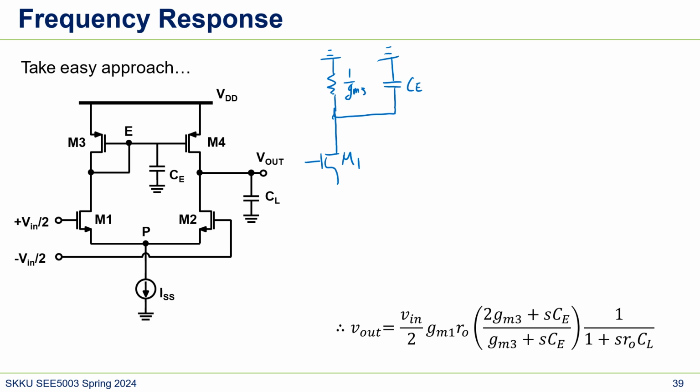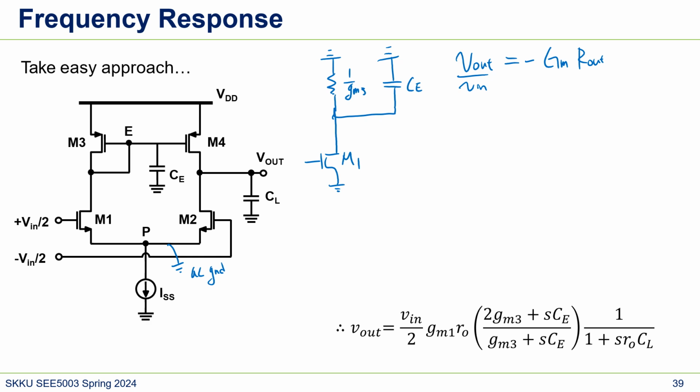Here P will be just an AC ground. We're going to calculate V out. To do so, the V out would be the large GM times R out. Let's say minus GM.